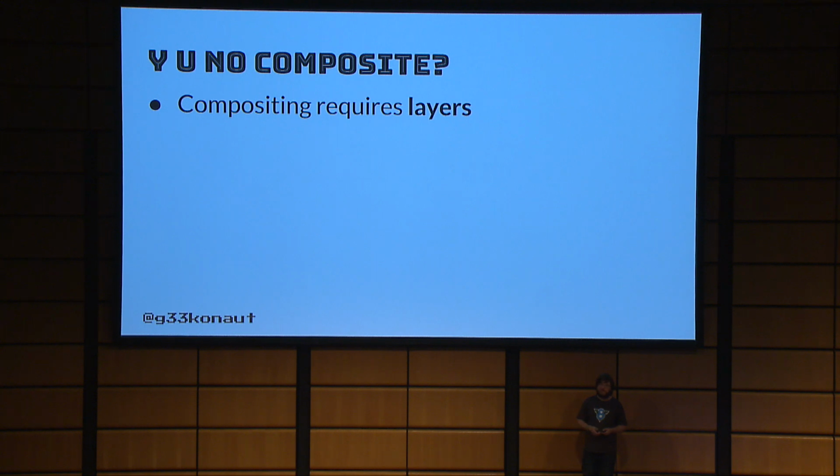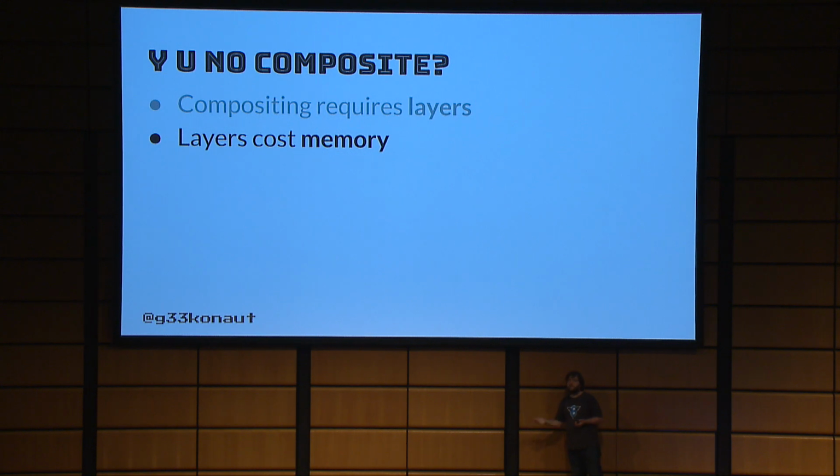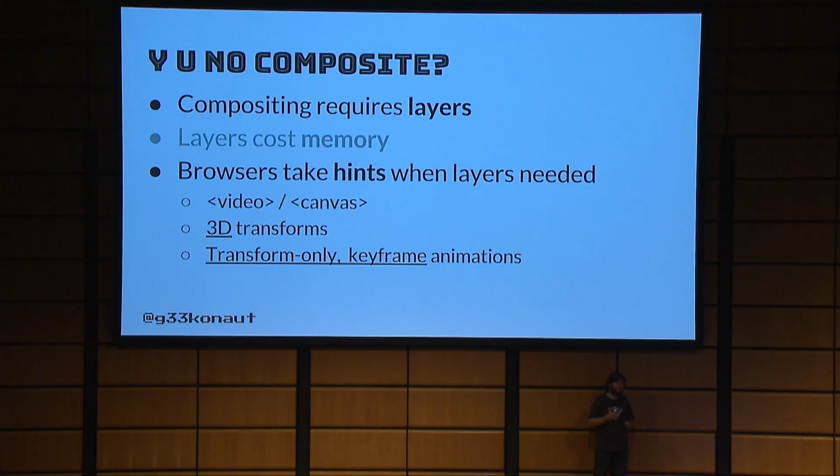So the browser tries to be clever about limiting the memory cost, because each of these layers costs us memory, so we don't want to have too many of them. What it does is it takes hints. For video elements or canvas elements, we're going to repaint them often anyway, because the content keeps changing, so we can't really be smart about that. So those are on their own layer.